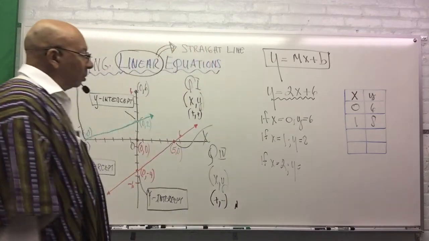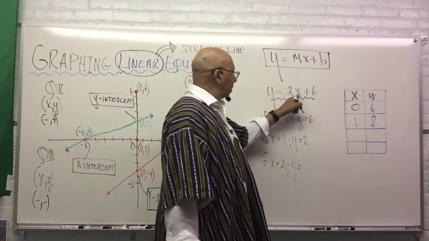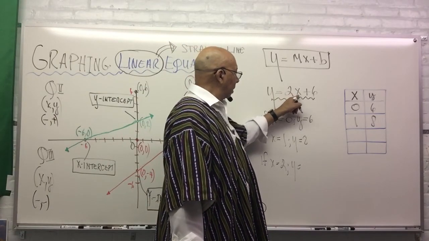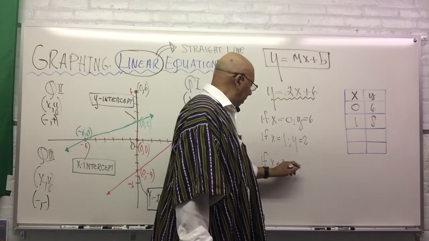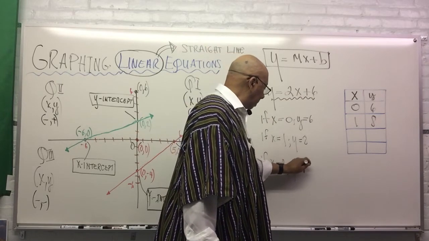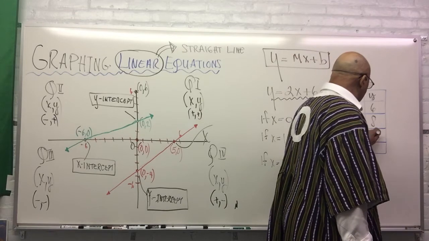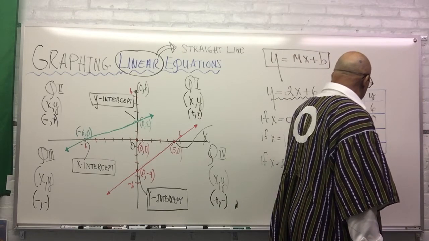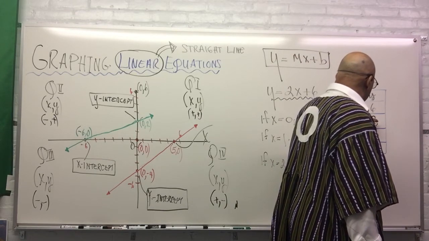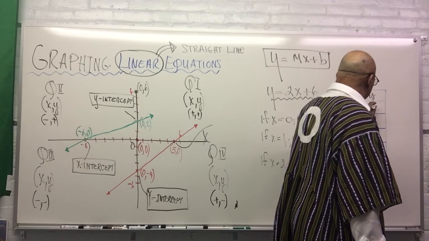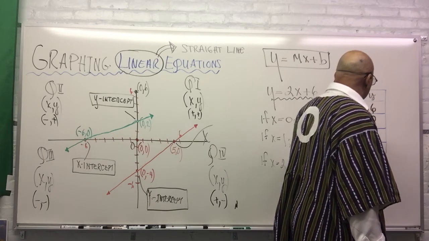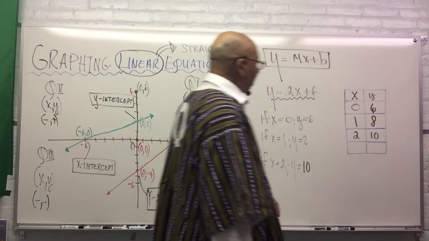If x was 2, then I put 2 in place of this x, which would be 2 times 2 is 4, plus 6 is 10. So y would have to be 10. So if x is 2, y would be 10. I'm going to make these a little darker so you can see it clearly. So now I have 3 points on this line.